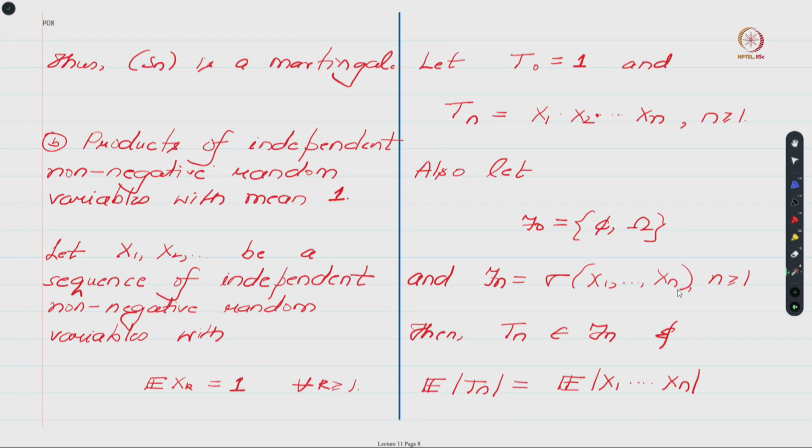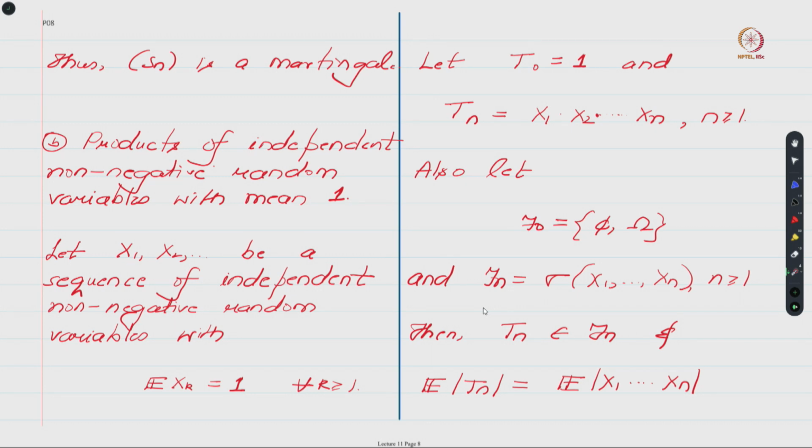And since Tn is a product of x1 to xn, one can easily see that Tn is measurable with respect to Fn. So that verifies the first property necessary for a sequence to be a Martingale sequence.